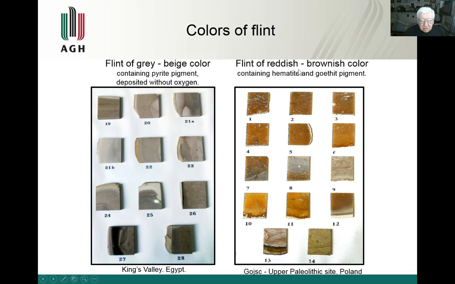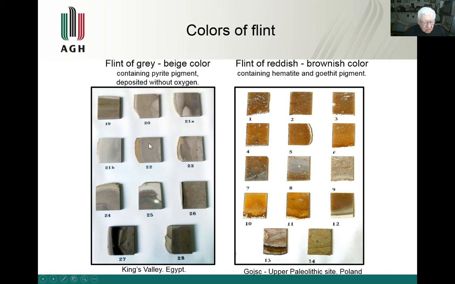And this is flint from Poland, from the village Goisz, an Upper Paleolithic site, and these flints are mostly composed of chalcedony and opal, but these flints contain iron oxides.